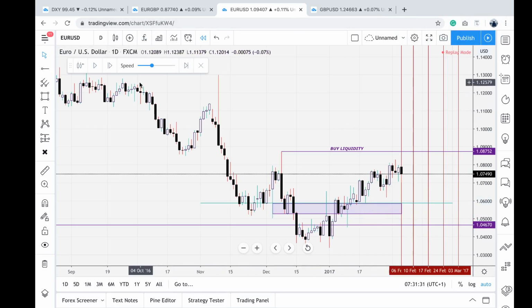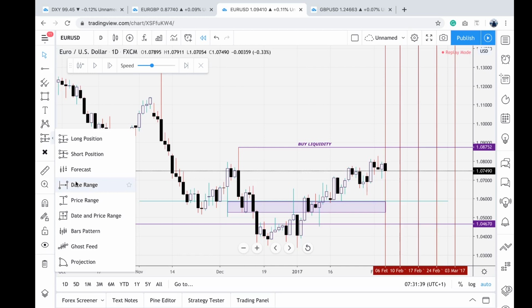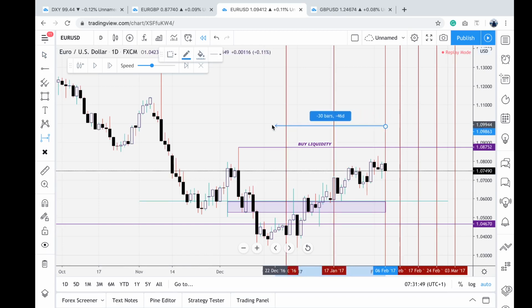Next thing to reference is IPDA ranges. Don't forget your IPDA ranges, guys. So we're going to pull up the date range, draw 20-day, 40-day, and 60-day.